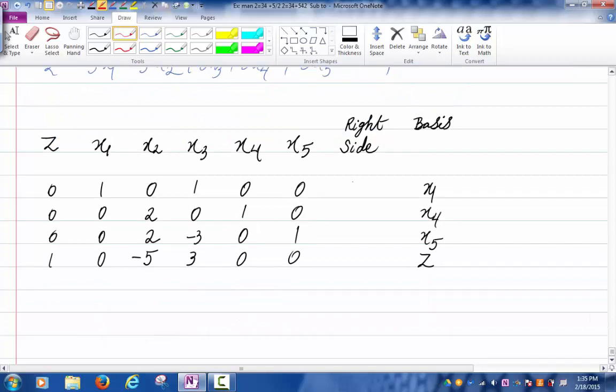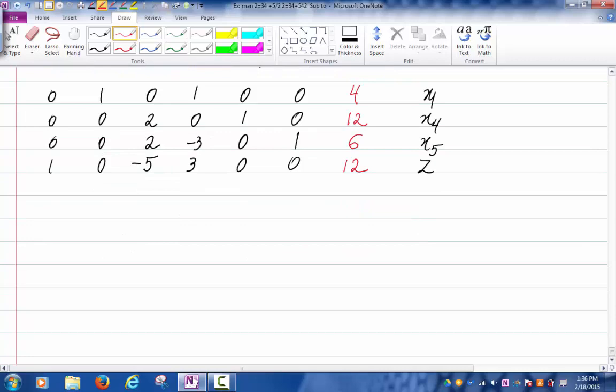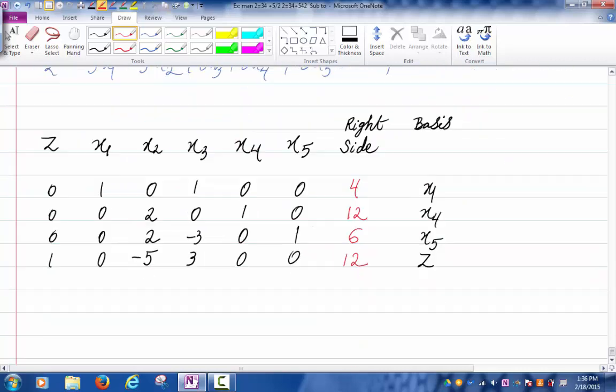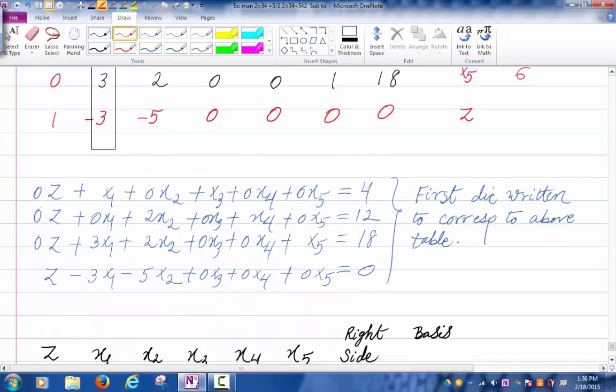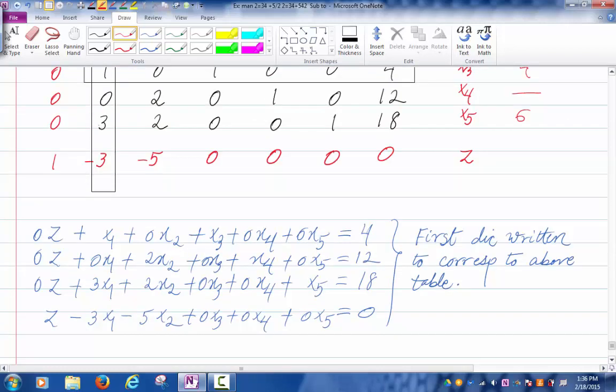The right-hand side should be 4, 12, and 6 here, and 12 here for the 0. Okay. I didn't give you this tables in my handout today, but that's what we have. Is everybody okay with that?